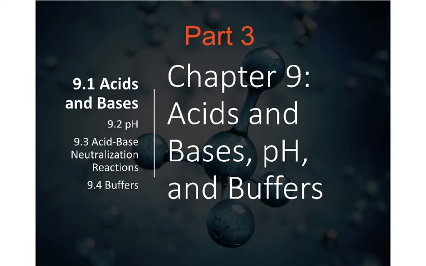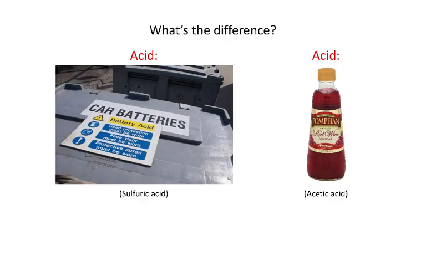All right, so I got a picture of two different acids here. A car battery with multiple warnings on it and a bottle of red wine vinegar, also an acid. So both of these are acids.